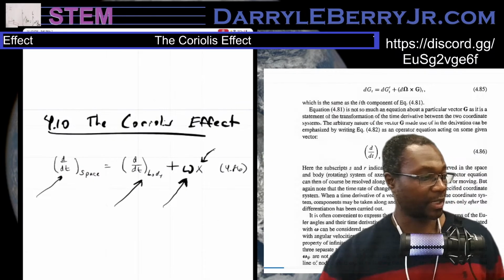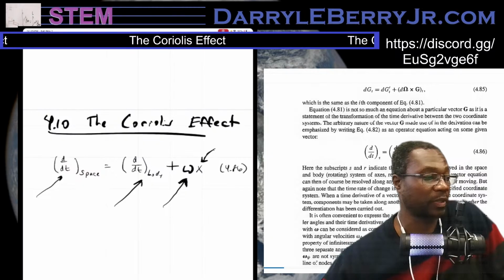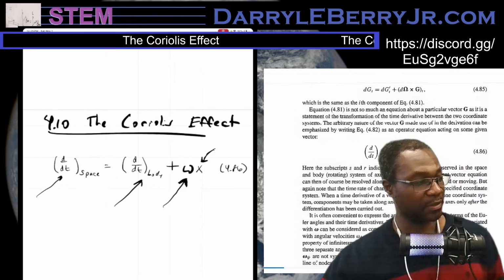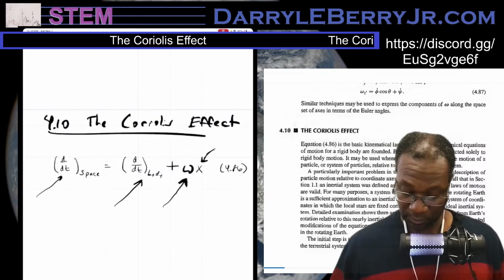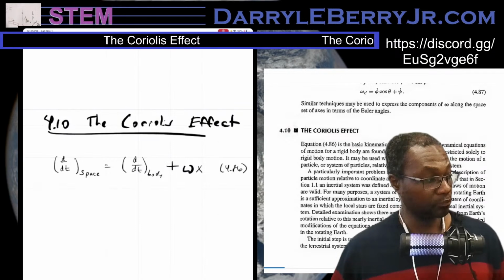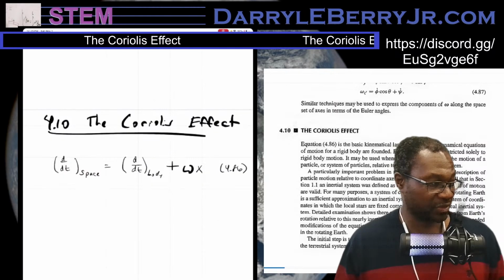I have to clarify a bit what the x is. So x is a vector that this is being applied to. Equation 4.86 is the basic kinematical law upon which the dynamical equations of motion for a rigid body are founded.